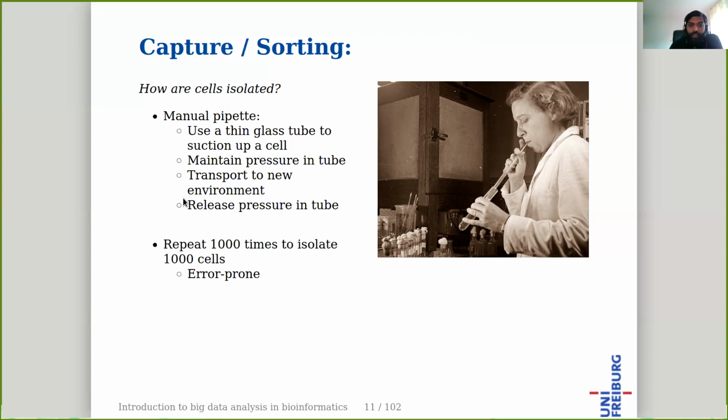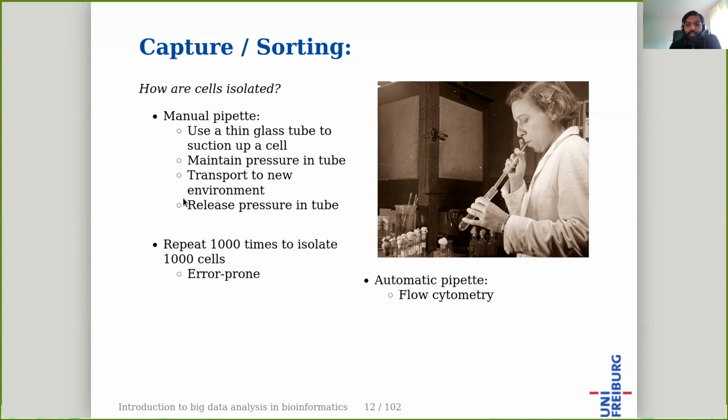But this can be really time consuming, because to isolate 1,000 cells, you need to repeat this manual process 1,000 times, which is time consuming and also error prone. Sometimes you may get a cell, sometimes you may not get a cell, maybe multiple cells, depending on how you maintain this pressure. So this is quite error prone.